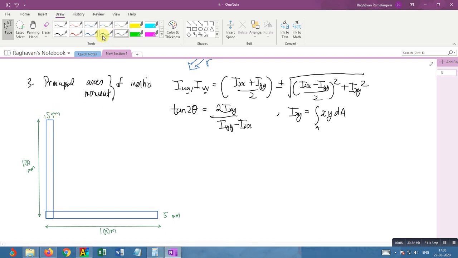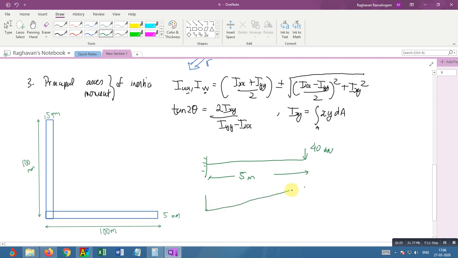And what I have is a beam using this cross section and carrying 40 kilonewtons at 5 meter distance. What I do know is this is how the bending moment diagram is going to be.